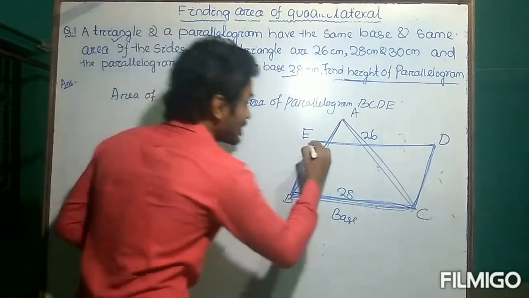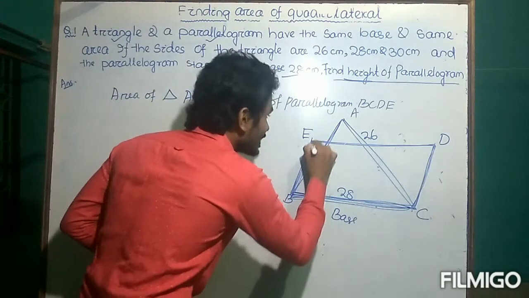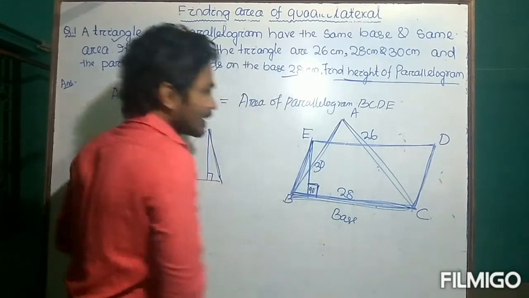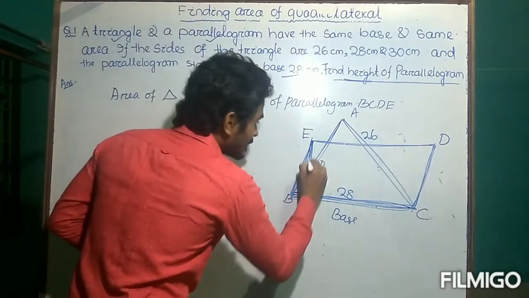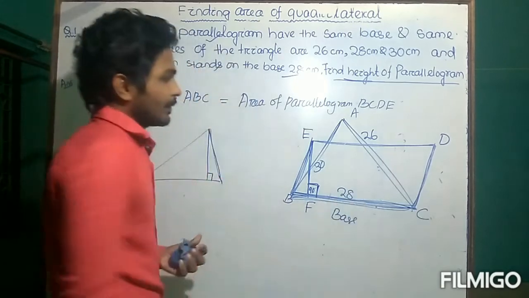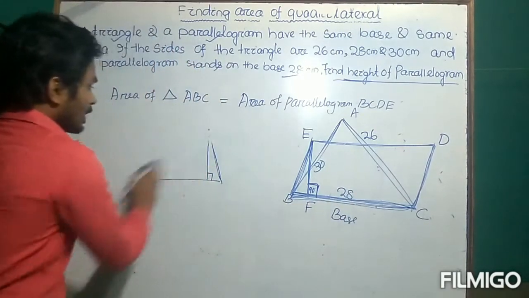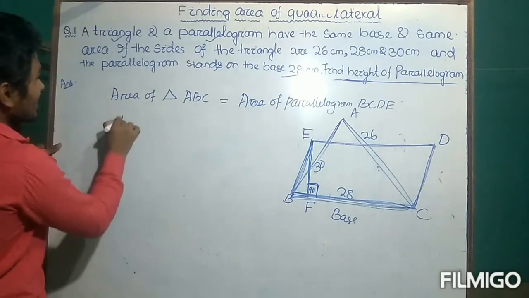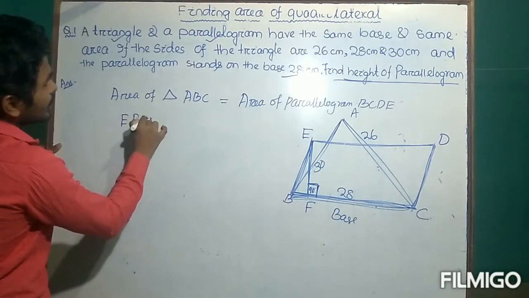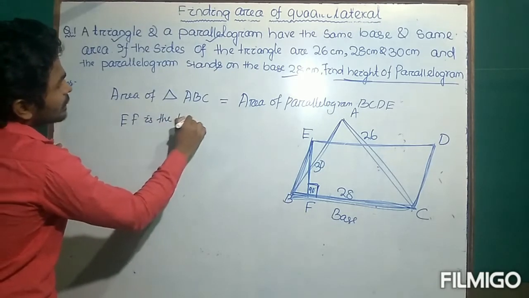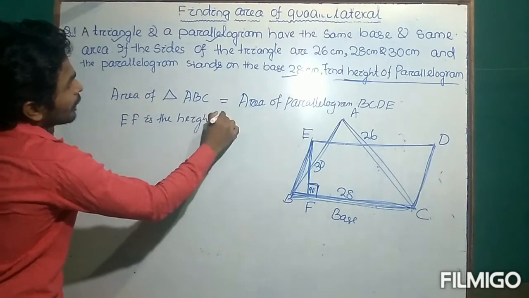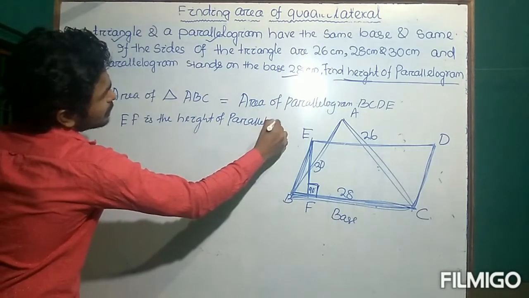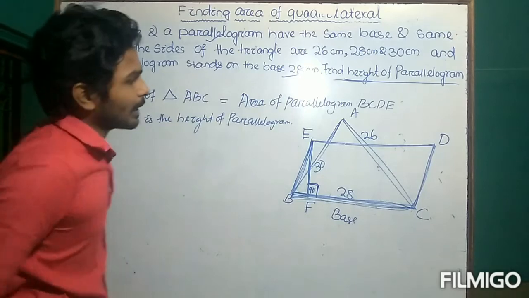Then this is the height, the perpendicular distance, 90 degrees. Suppose this height is EF. Now you understand the question? So you can write: EF is the height of the parallelogram. This is the question that you have to understand.